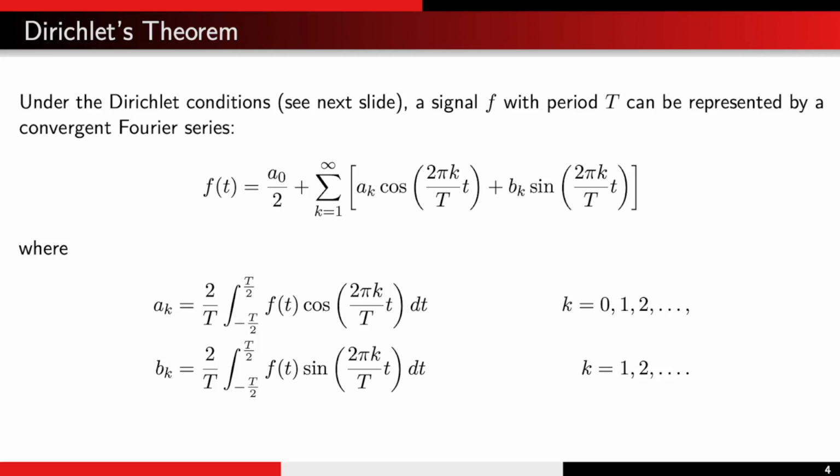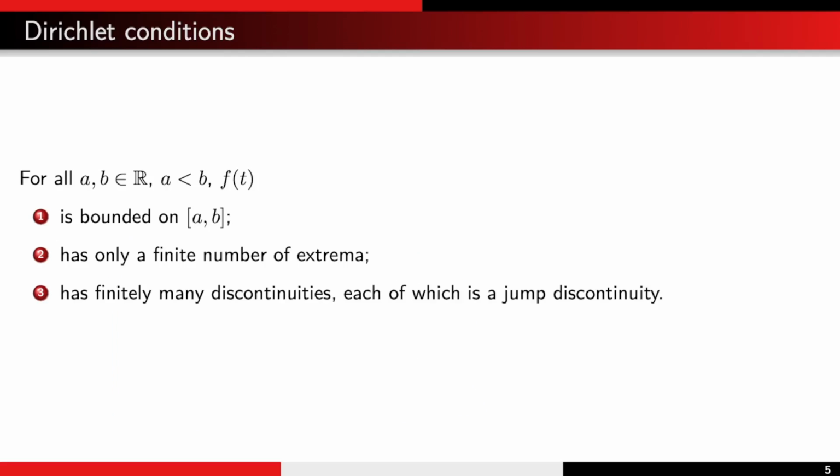It is known that under the Dirichlet conditions, which we'll see in the next slide, a signal f with period T can be represented by a convergent Fourier series. It is an infinite series given in this form, where the coefficients a0 and so on, and b1 and so on, are given by these integral formulas. One version of the Dirichlet conditions is as follows.